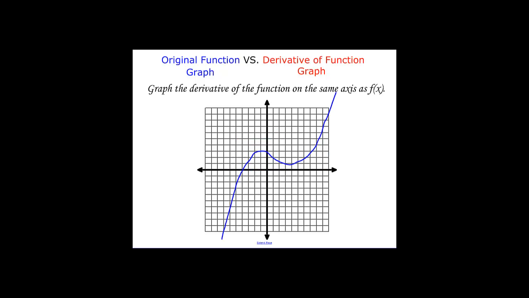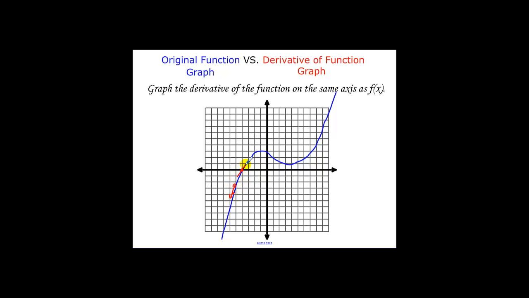Now a graph that's maybe a little bit more challenging. Graph the derivative on the same grid. Okay, so we have our original function in there. The derivative I'm going to graph in red. So where does it look like the derivative could be 0, or where our function could be constant, if even for an instant? So notice how I'm increasing, increasing, increasing. What would the slopes, if I were drawing all these slopes of the tangent lines here, what would those values be?